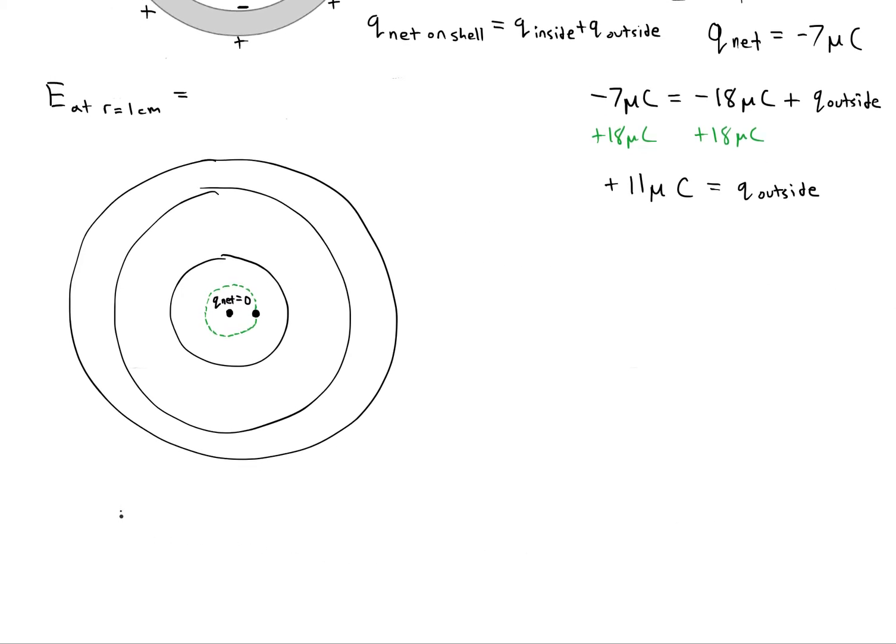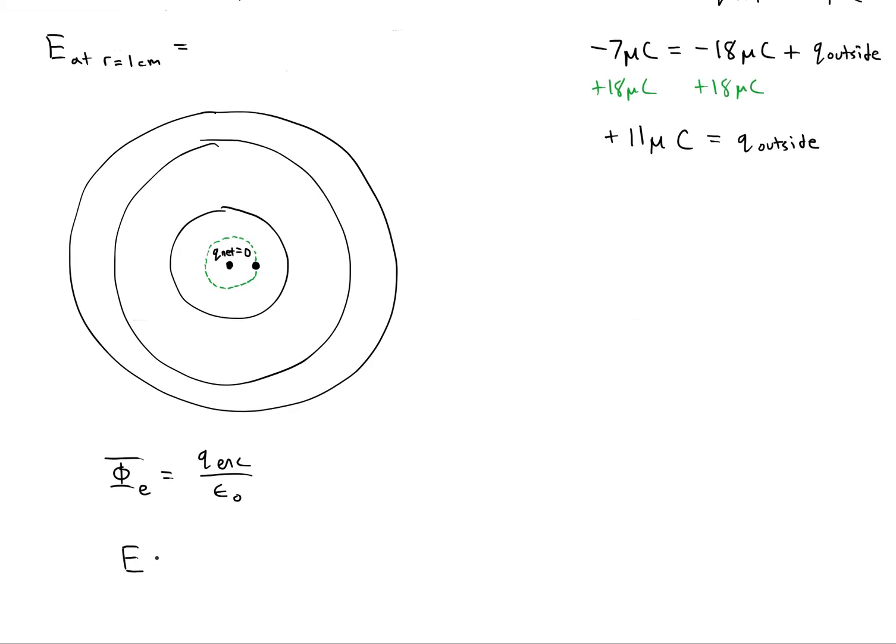If we do the calculation for Gauss's law, and divide by our area, we'll see that the charge enclosed is 0. That makes the electric field 0 at that point.